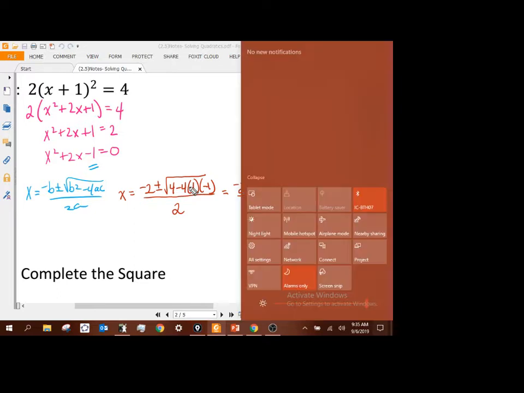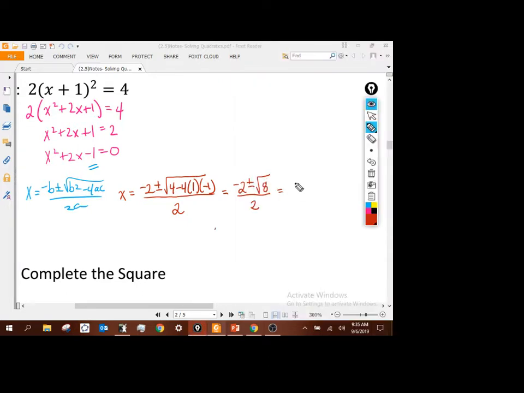Okay, so that discriminant is going to turn into 8. And then, is that going to turn into -2 plus or minus 2 root 2 all over 2? The only time that I can take an expression like that, because I've got a sum in the numerator and I've got a singular denominator, is if each component in the numerator has the factors that the denominator has, right?